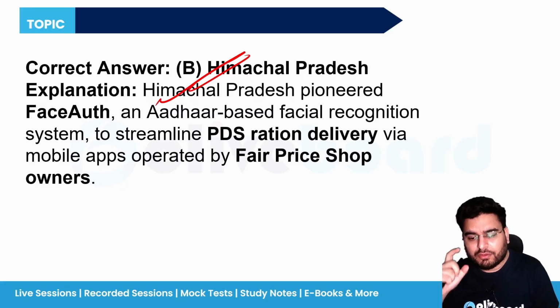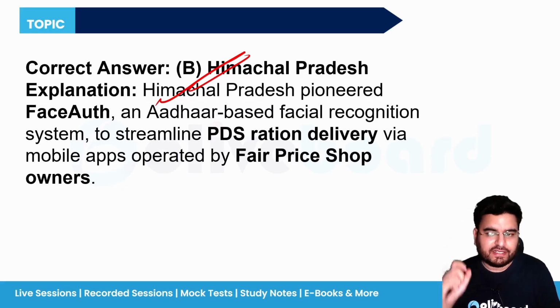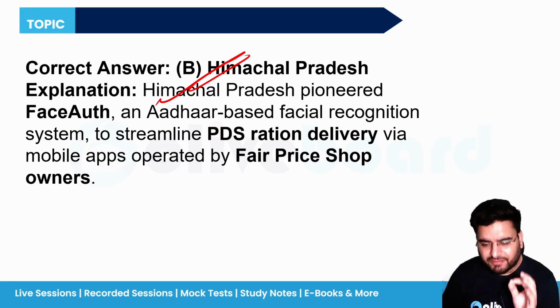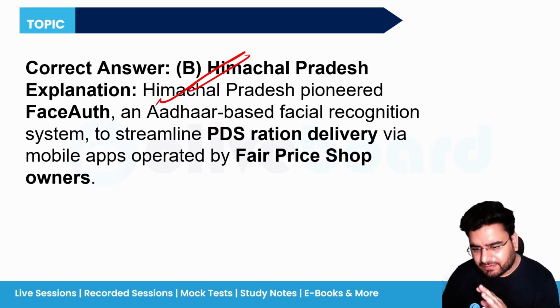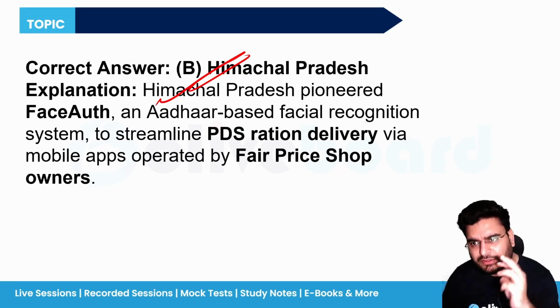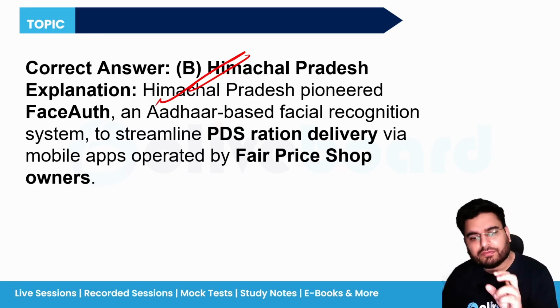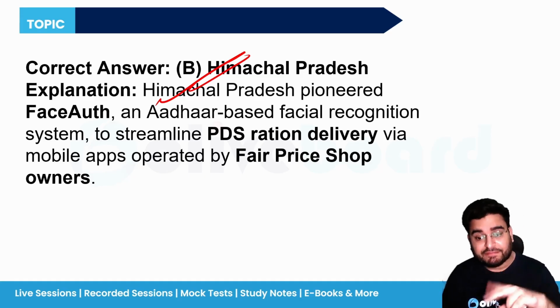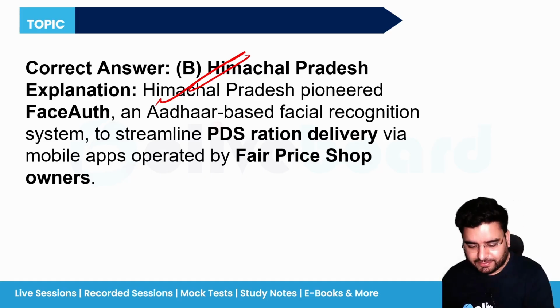So how much time you are devoting to current affairs and how much output you are getting, you should be very clear, and that is known as smart study. It is not about reading content. I can give you 1000 pages for the entire year or 6 months of news. Will it be helpful? We all know that even if you read 2 or 3 sources, the probability of questions coming from that particular source is almost the same as if you read only one source. 1 or 2 questions maximum you can get extra. That's it. But you should keep in mind how much effort you are putting in.